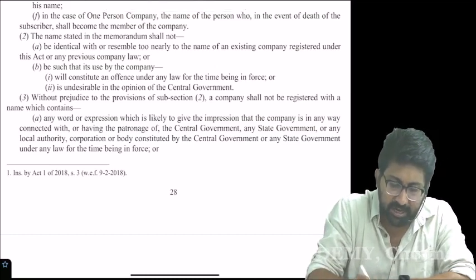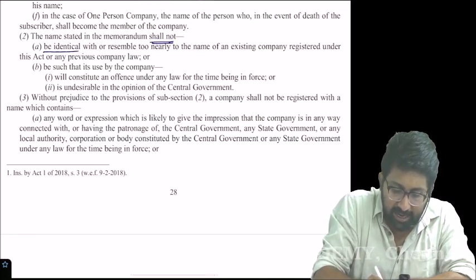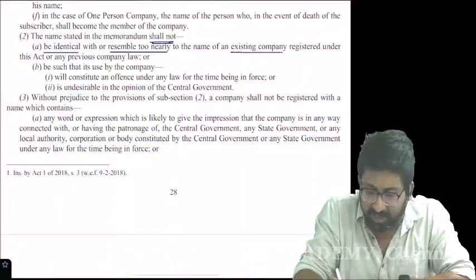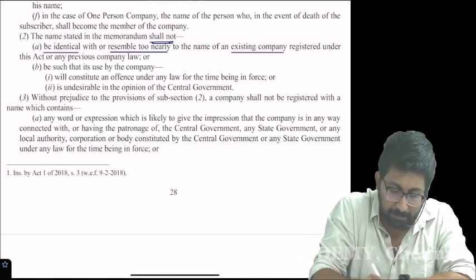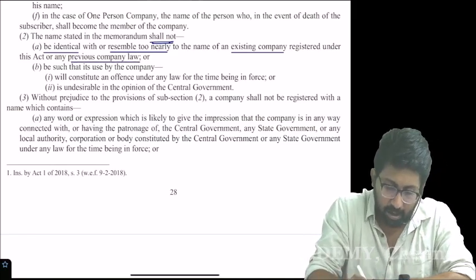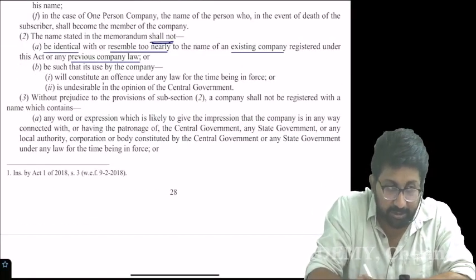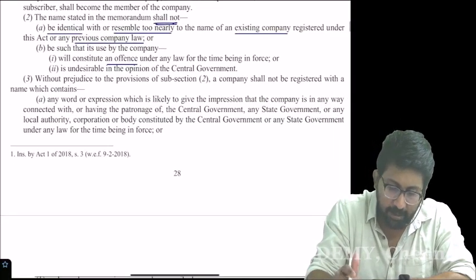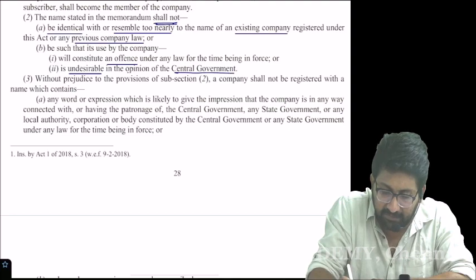The name stated in the memorandum shall not be identical with or resemble too nearly the name of an existing company registered under this Act or any previous company law, or be such that its use by the company will constitute an offence under any law for the time being in force, or is undesirable in the opinion of the Central Government.